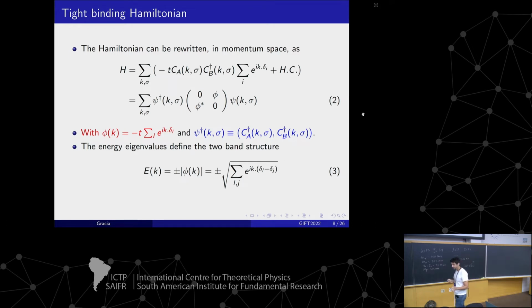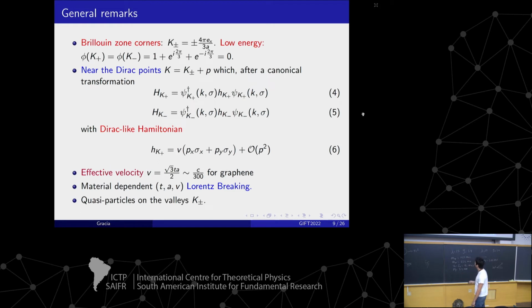Now is the point. We analyze low energy excitations and define what we mean by quasi-particles. We can find 2 points of low energy, K plus and K minus. What does it mean? We call them valley excitations, 2 independent valley excitations.